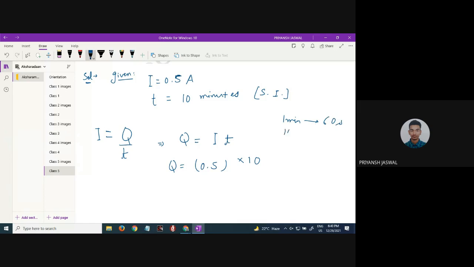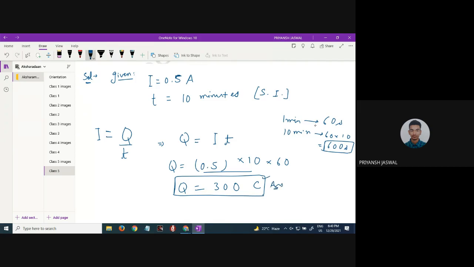So 10 minutes is equal to 10 into 60, that is 600 seconds. So the charge becomes 0.5 into 10, that is 5, and 5 into 60 is 300, and the SI unit is coulomb. So this is the answer.